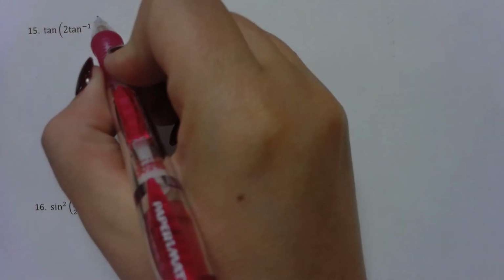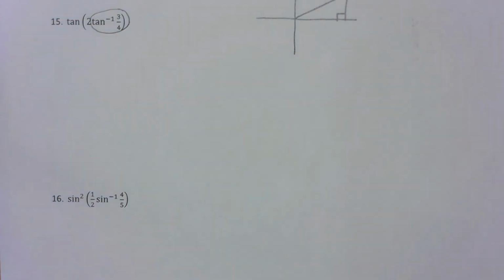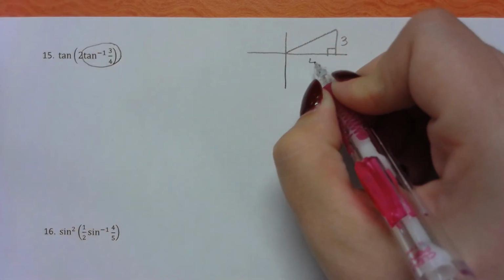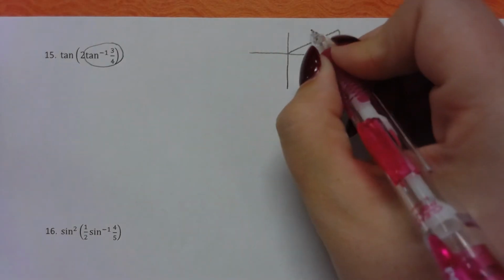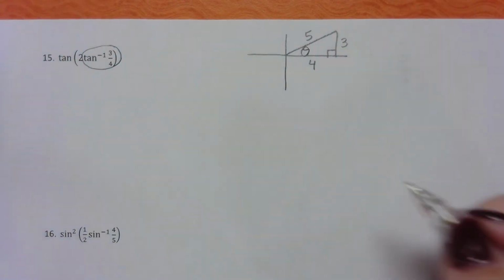So on number 15, we have tangent of 2 tangent inverse of 3 over 4. So this is telling us to draw a triangle. Tangent is positive in quadrant 1. Tangent is y over x. So we've got a 3, 4, 5 triangle here. This gives us angle theta.